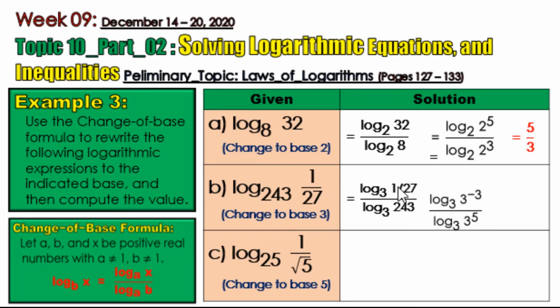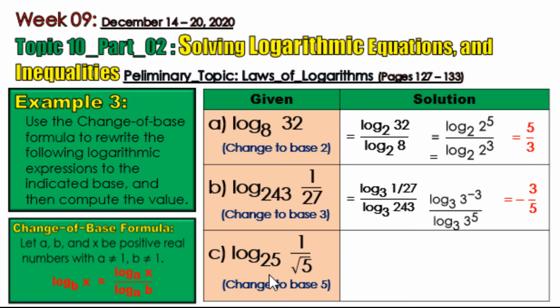Therefore 1 over 27 can be expressed as 3 raised to negative 3, and 243 can be expressed as 3 raised to 5. Still applying one of the basic properties of logarithm, the exponent is negative 3. The exponent of 3 in the denominator is 5. So negative 3 divided by 5 is negative 3/5. So this is the value for example number 3, letter B.